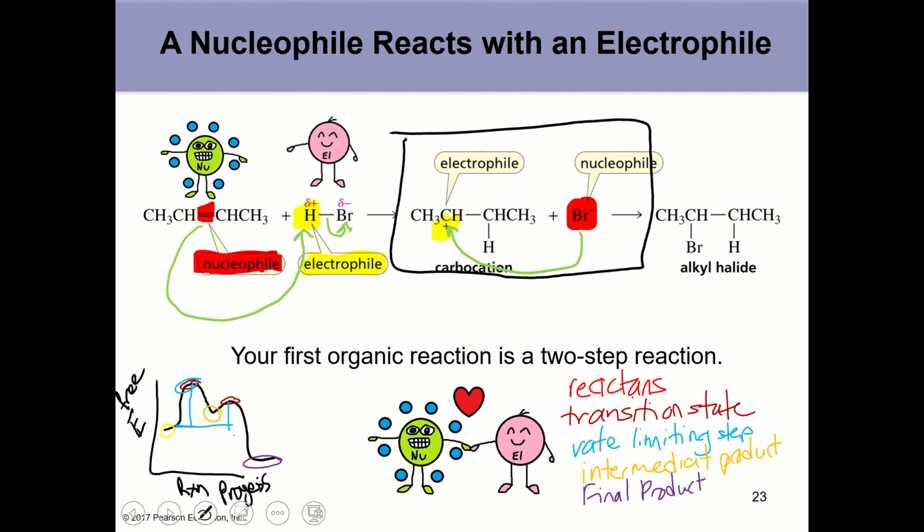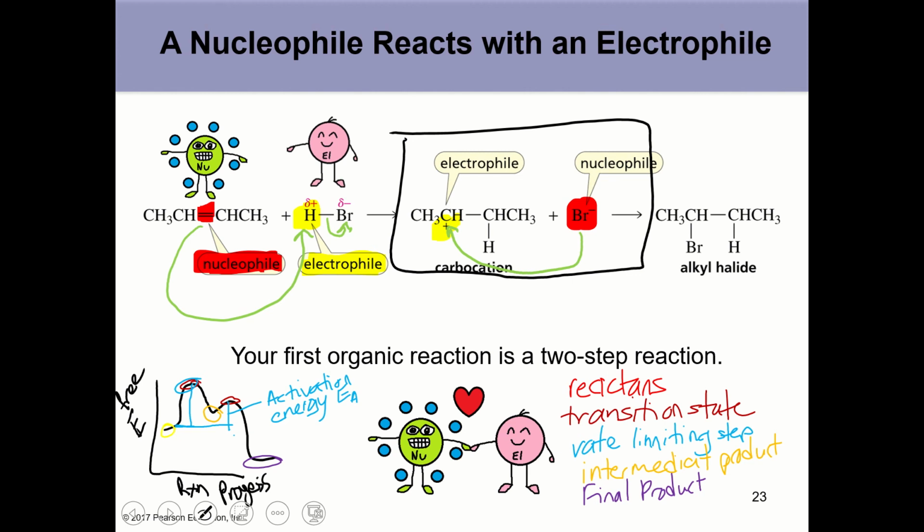So the blue lines that I have drawn from the peak to the line going across to the reactant is what we call activation energy, or EA, E sub A.